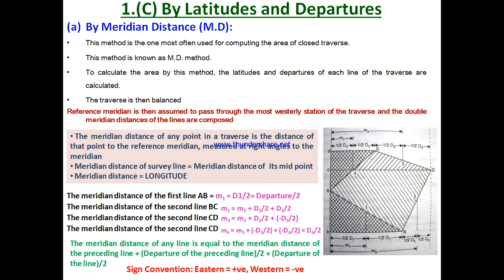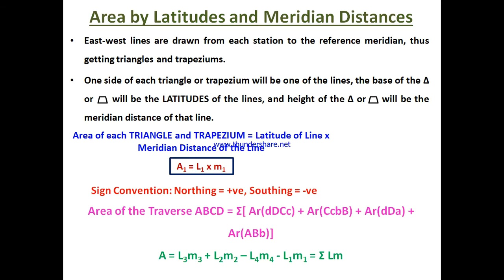First of all, with the help of departure we have to determine the meridian distance. Then, to determine the area, we need to multiply the calculated meridian distances with the value of latitude for each station.